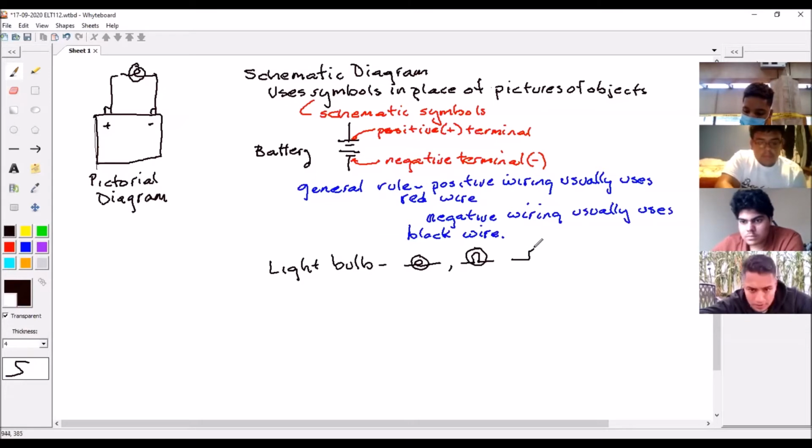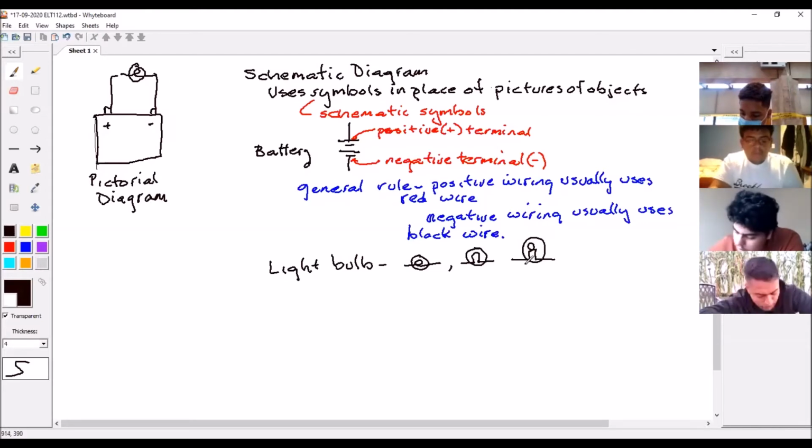Sometimes you'll see something like that. The idea is that the loop, in any of the cases, represents the filament. And the way a light bulb works is current flows through the wire inside the bulb, gets it hot enough that it glows, and that glowing part is called the filament. And then the circle would represent the glass around the light bulb.